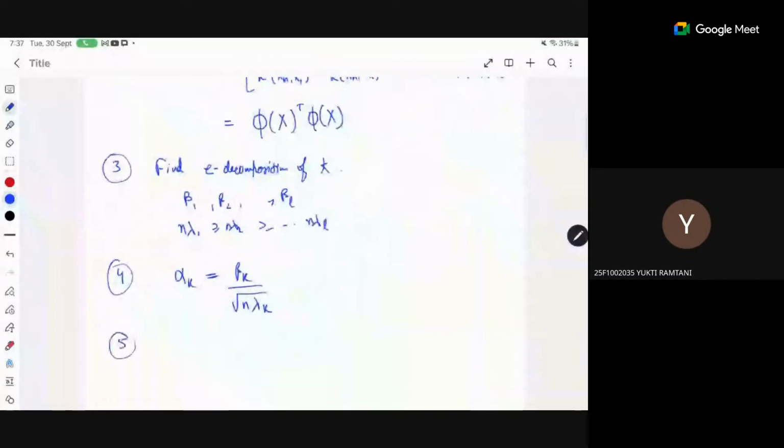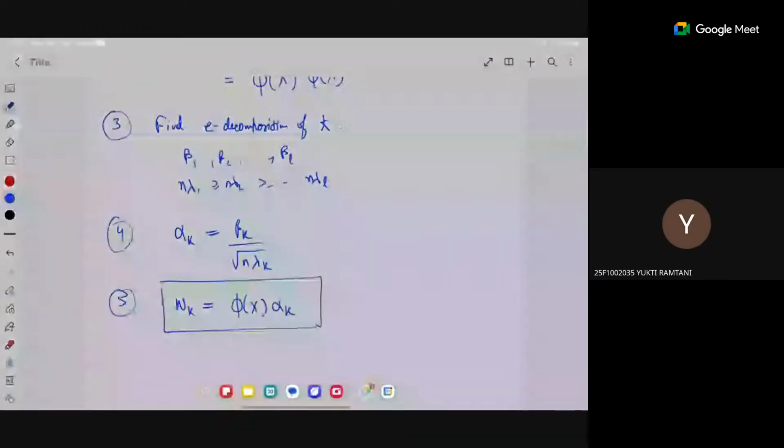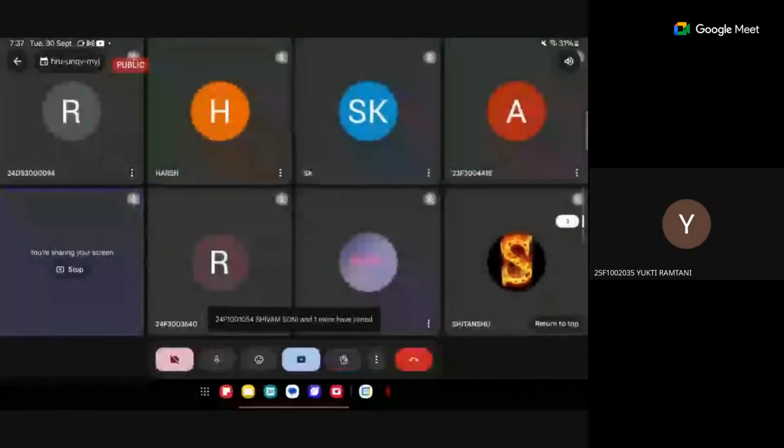And once we have that, we can find our principal components, which is phi of x times alpha k. These are the steps that we follow. Are you able to understand? Are these steps fine with you?